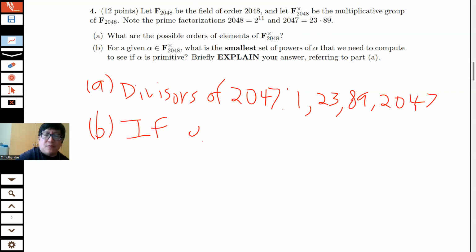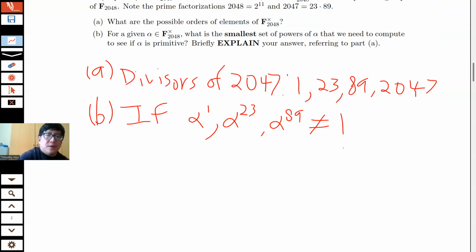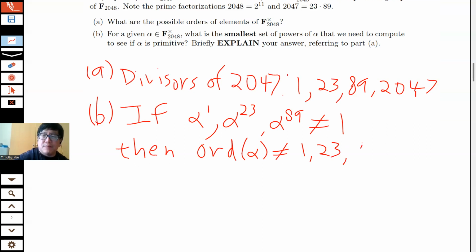If alpha to the 1 and alpha to the 23 and alpha to the 89 are not equal to 1, then the order of alpha will not be equal to 1, 23, or 89, which will then imply that the order of alpha is 2047.